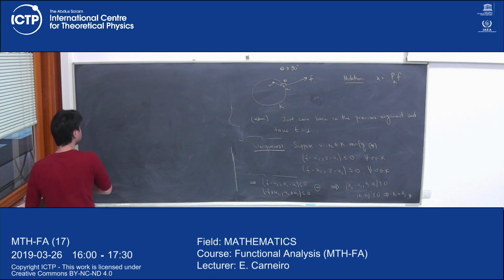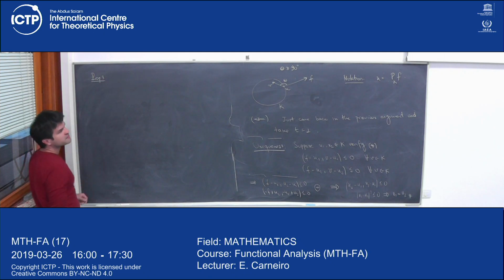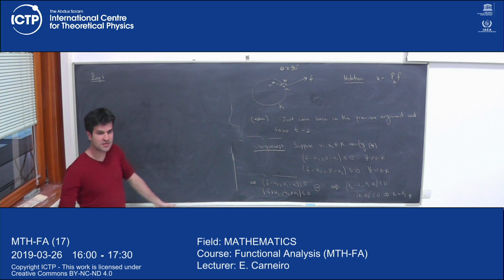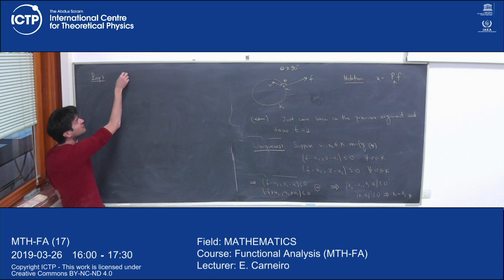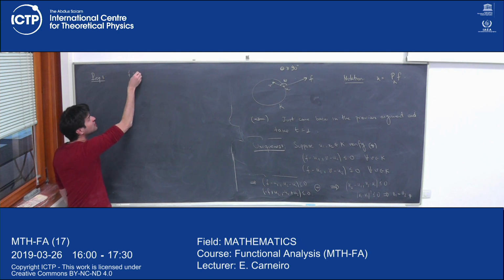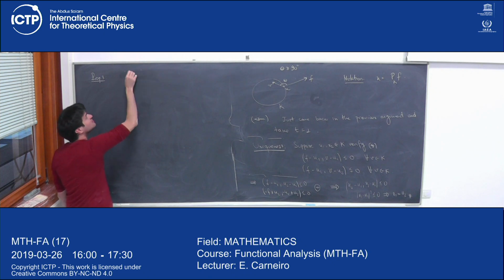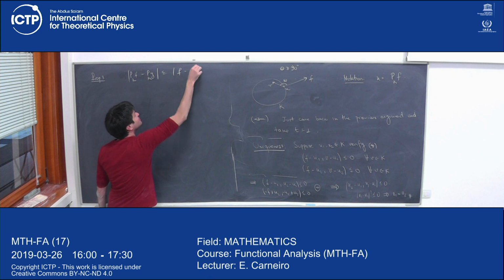Okay, so let's see. What's the number of my proposition? Maybe 3, right? Proposition 3. Projections do not increase the distance. So under the same conditions as before, I want to show that the norm of the projection of f over K minus the projection of g over K is less than or equal to the norm of f minus g.